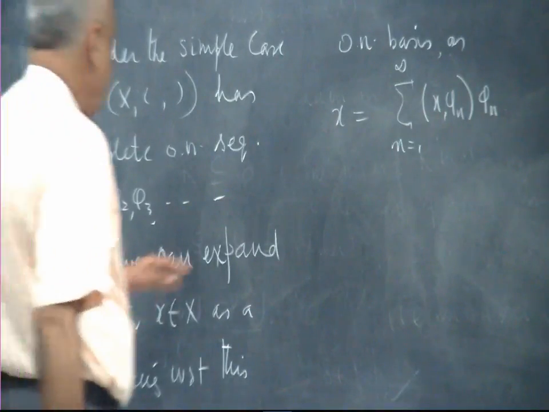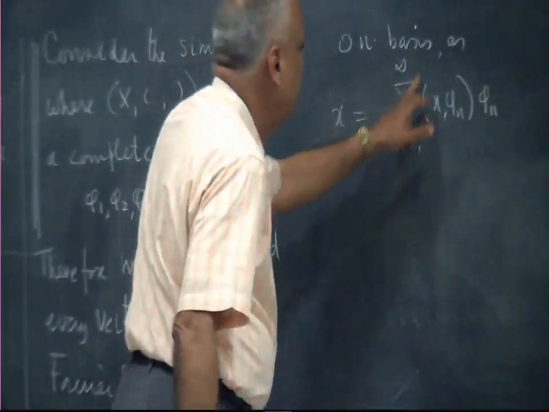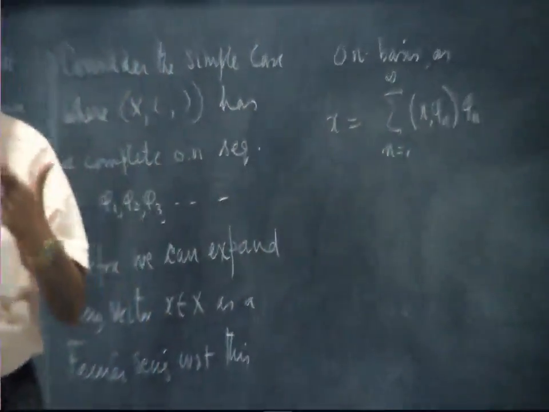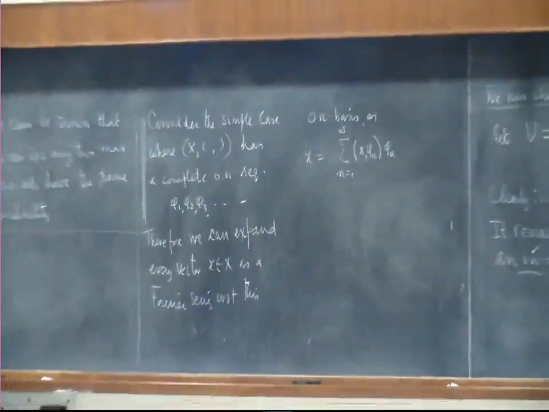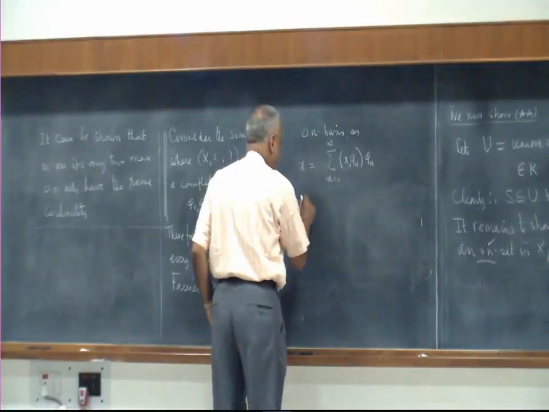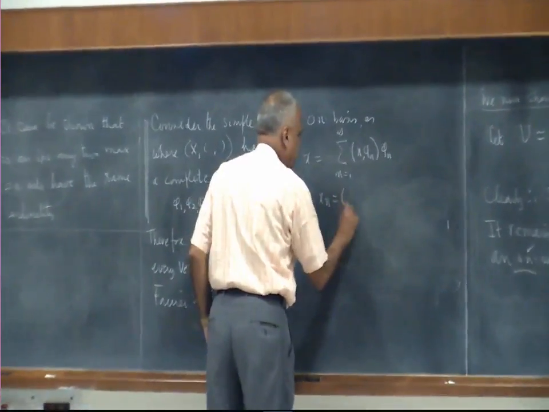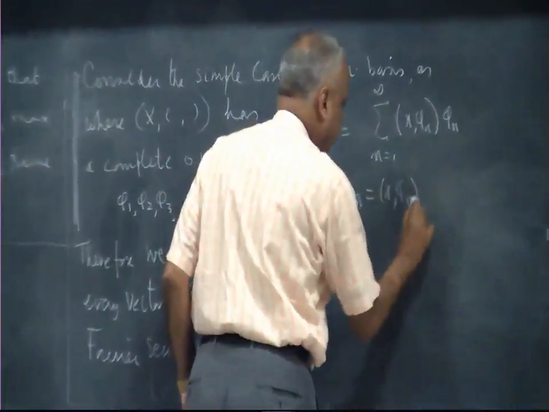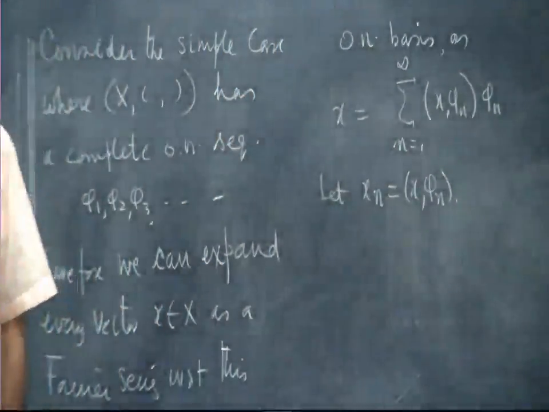Now, given the vector x, these are numbers calculated from the vector x through this basis. Let us call them x n, equal to the inner product of x with phi n. Now, these are all numbers.